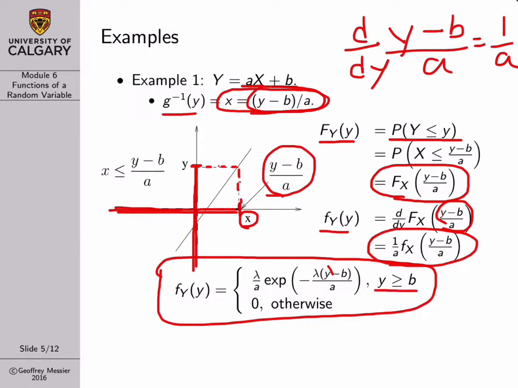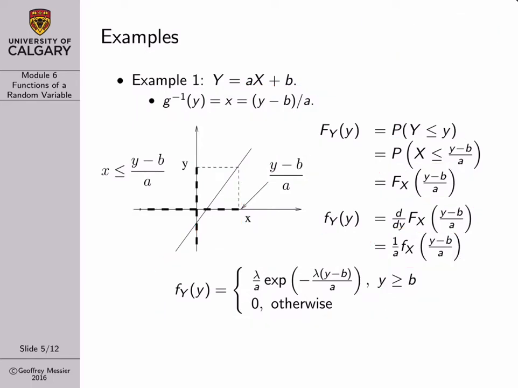The only modification that we need to make is the region over which the PDF of y is defined. If I just blank my slide here, remember that our original PDF, the exponential distribution, was defined for positive x, which corresponds to this region on our diagram. Now, if we take our straight line and translate the region I've just drawn to the y-axis, it maps to this region here.